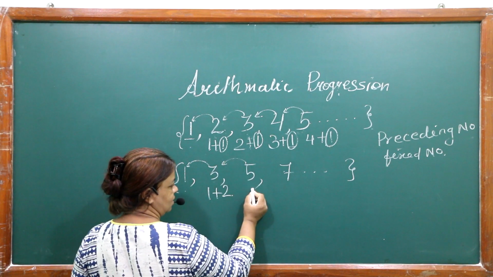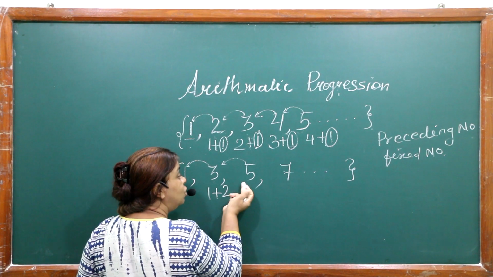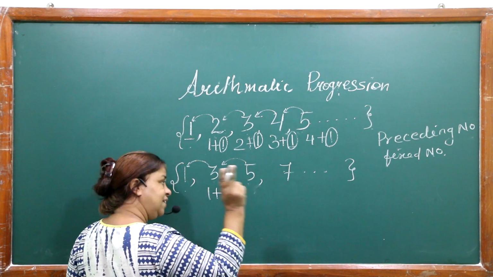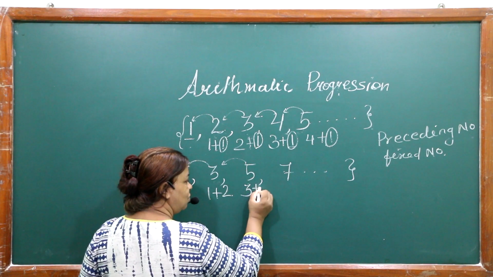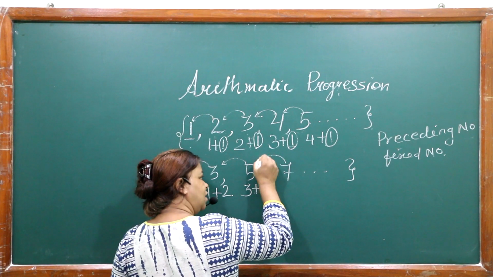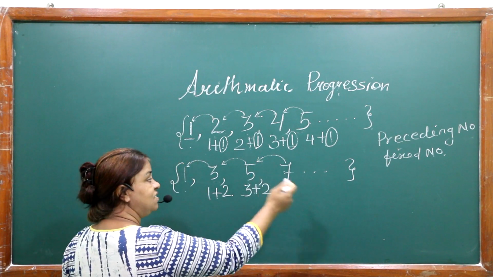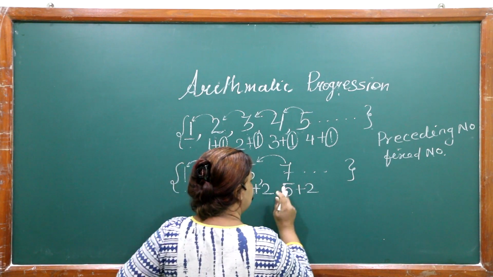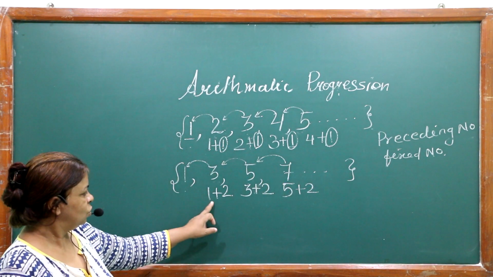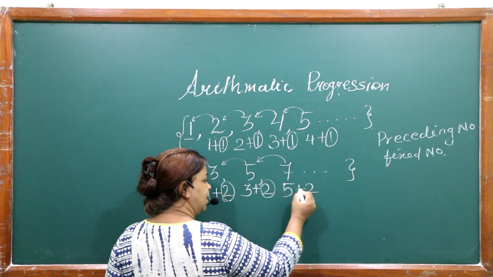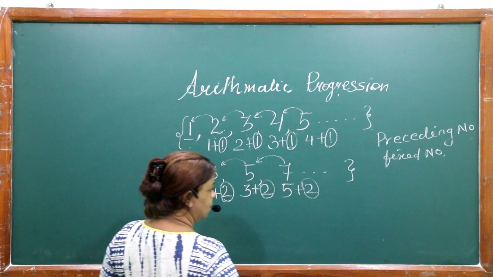Similarly, what number should I add to the preceding number of 5? The preceding number of 5 is, yes, 3. To 3, what should I add? 2, and I get 5. The preceding number of 7 is 5. What number should I add? Of course 2, and I get 7. So here again I am adding a fixed number, that is 2, every time to the preceding number.